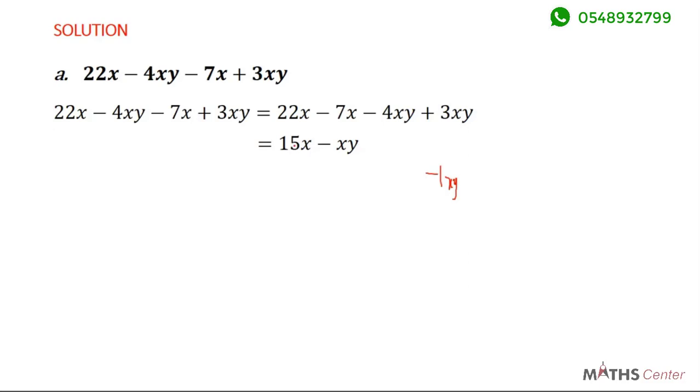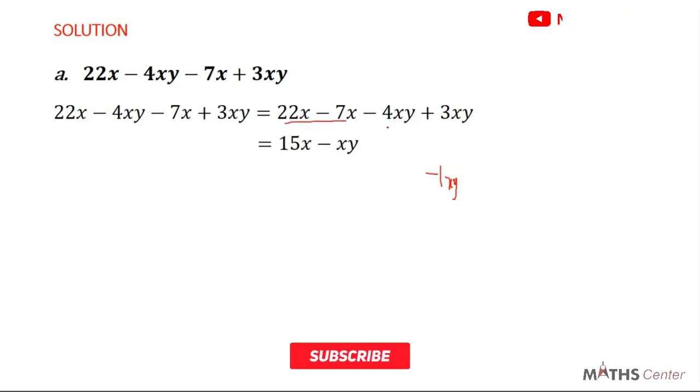So once again, you group the like terms. We have 22s and 7s grouped together here. Then we have minus 4sy and plus 3sy grouped together here. In this case you are subtracting the coefficients, so you have 22 minus 7, that will give us 15, so we have 15s.